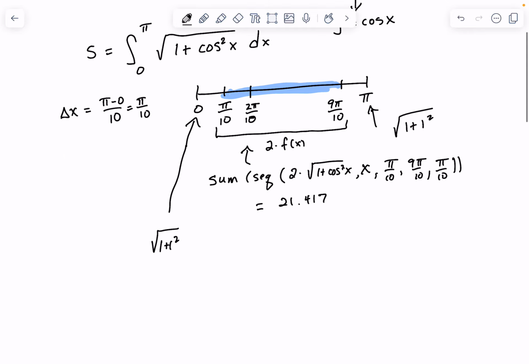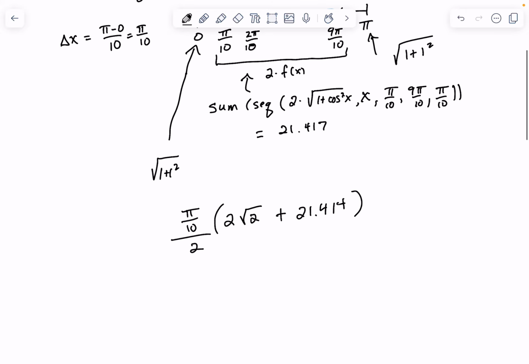Okay, so I've got square root of 2 twice from the front and the back. So I've got 2 of those, plus that 21.4917. And then in front of all that goes the delta x divided by 2, which actually is a pi over 20.